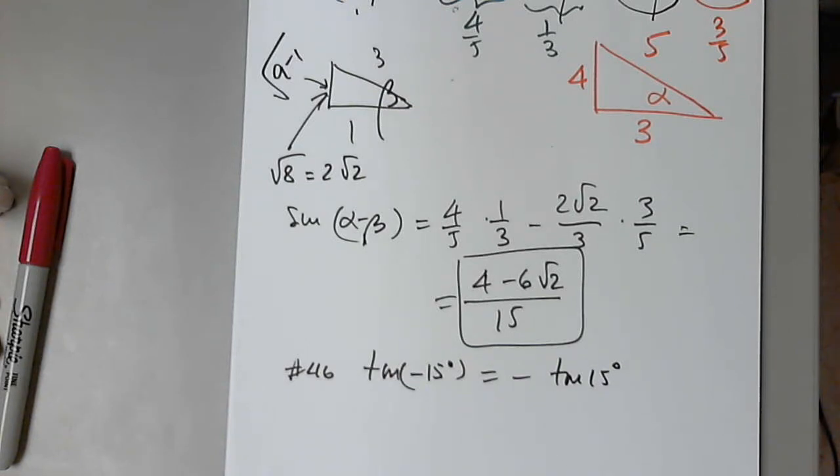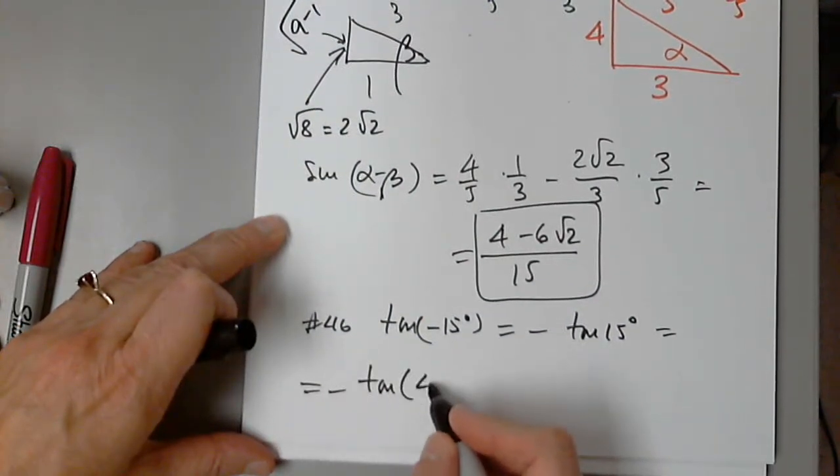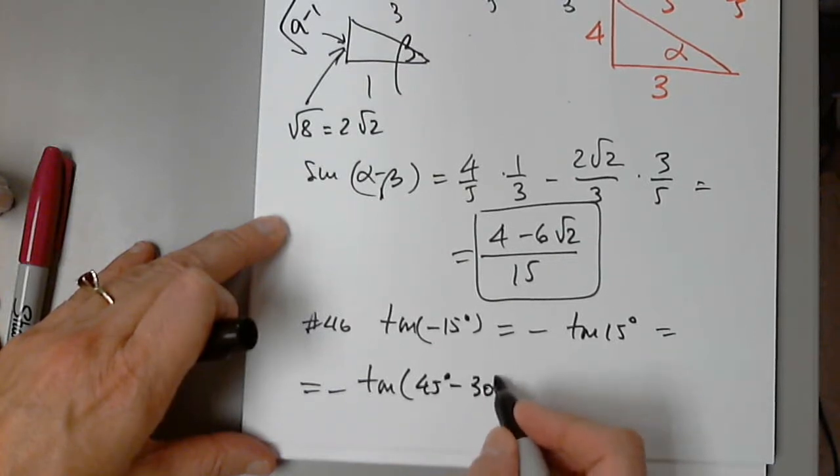So now I think of the three angles that I know everything about. I know 30, 45, and 60. Can I use any of these angles to create 15 degrees? Very good. So this must be negative tangent of 45 degrees minus 30 degrees.